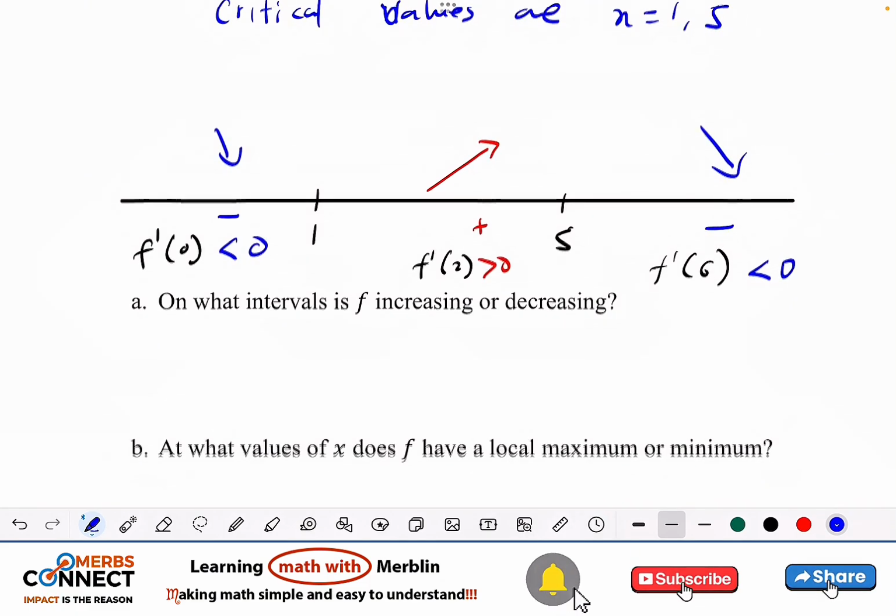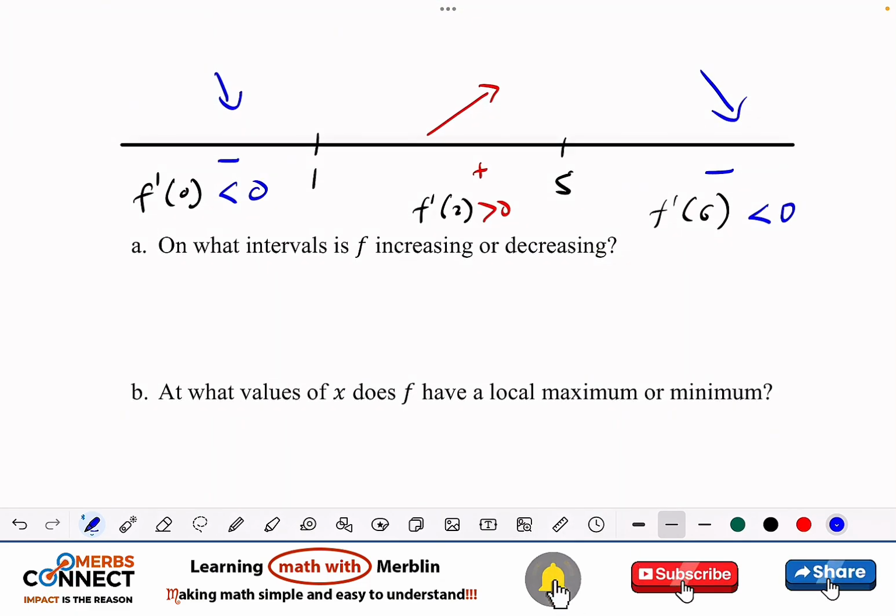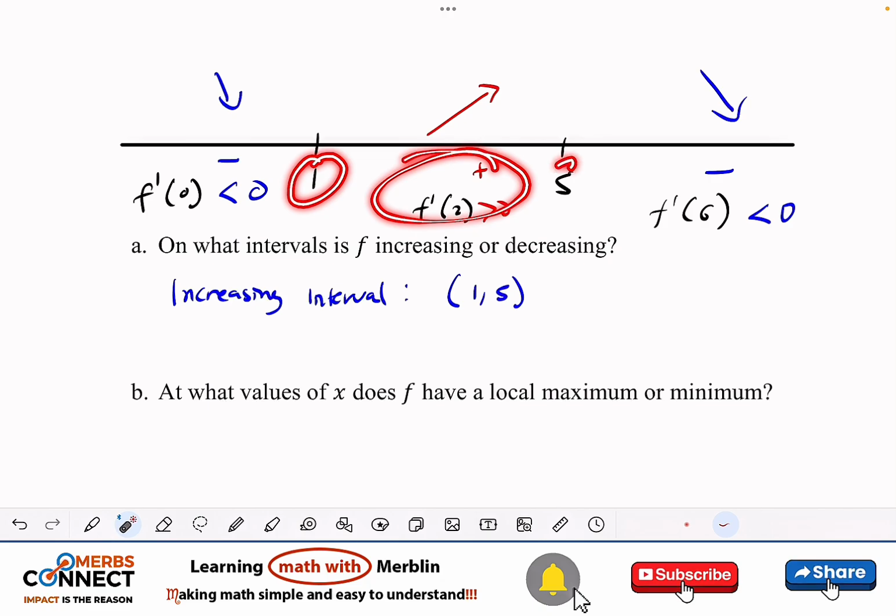Interesting. So what do we see here? The increasing interval is going to be from 1 to 5, only this one, which is going up, which is positive between 1 and 5.